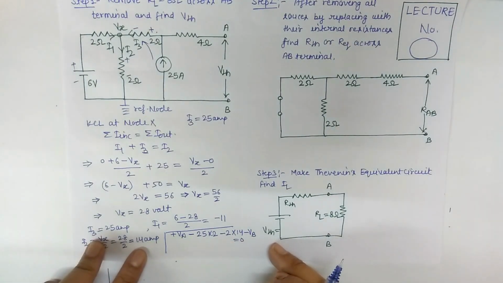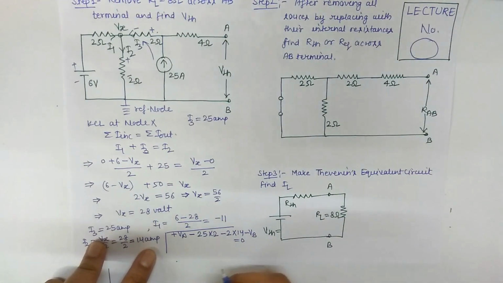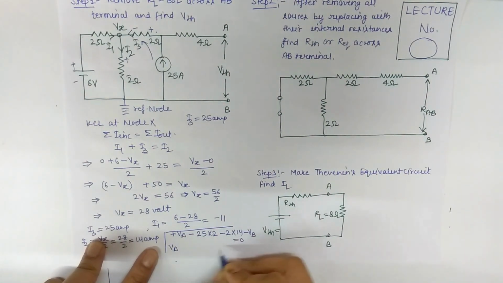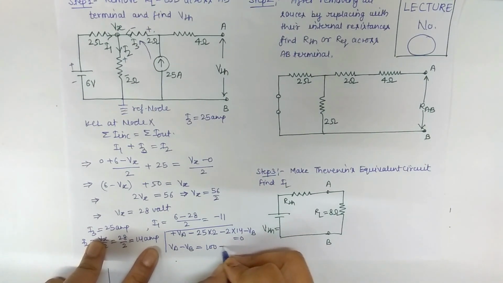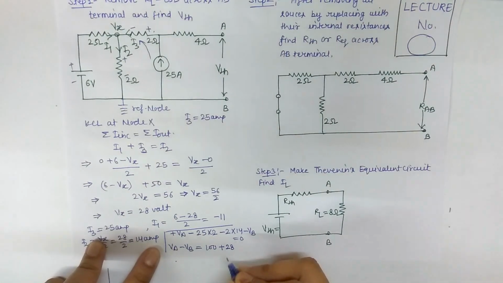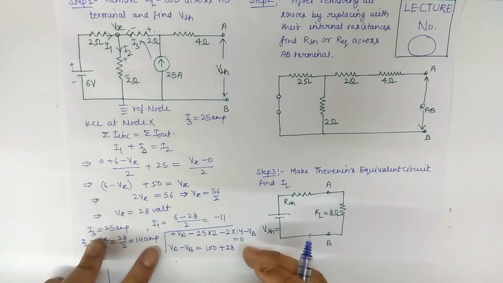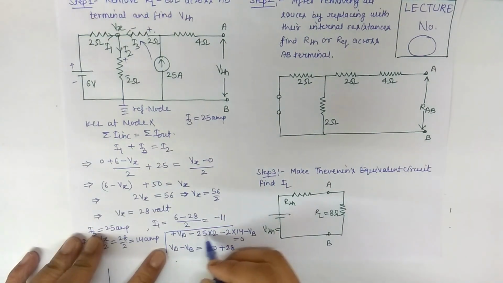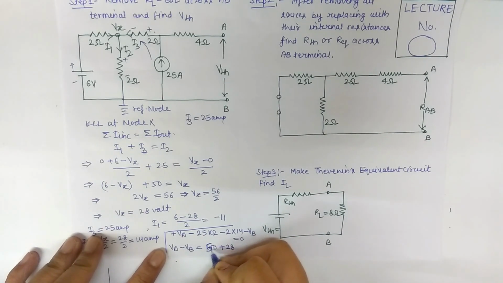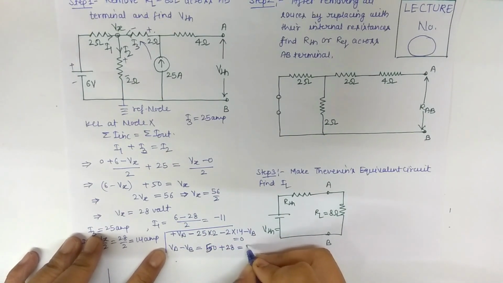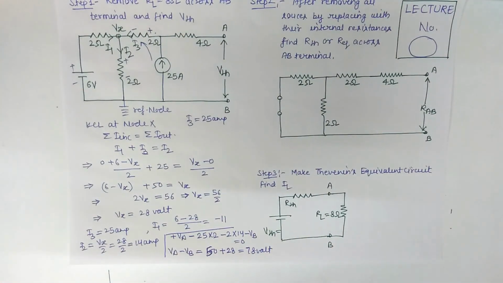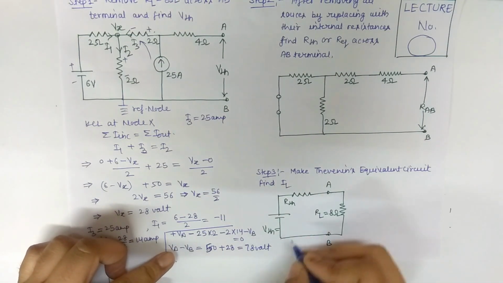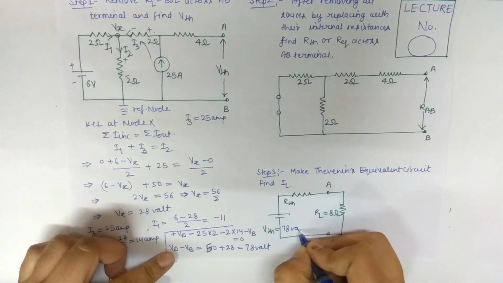In this way we find our voltage VA minus VB is equal to 50 plus 28, that would be 78 volt. So we find VAB, that is VTH, equal to 78 volt.